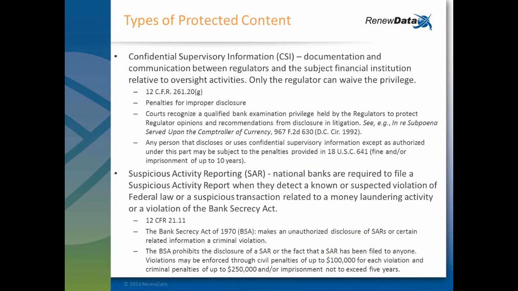Some examples of protected content include confidential supervisory information. This information is documentation and communications between the organization and its regulators related to the regulators' oversight activities. This particular type of content is privileged content that only the regulator can waive.